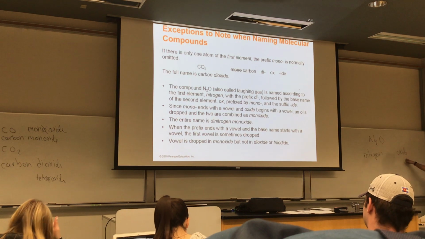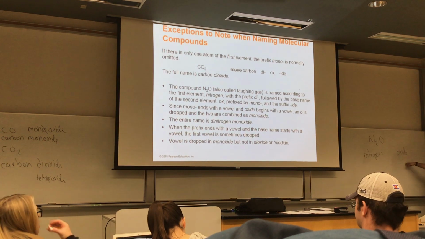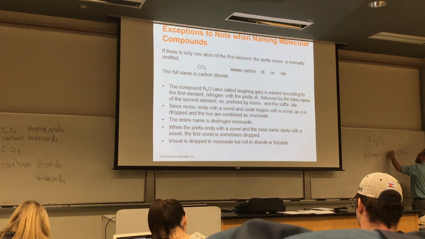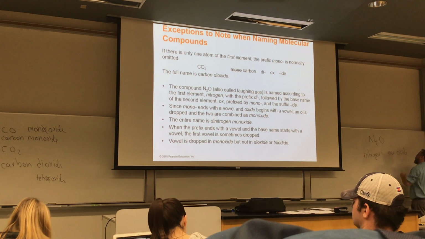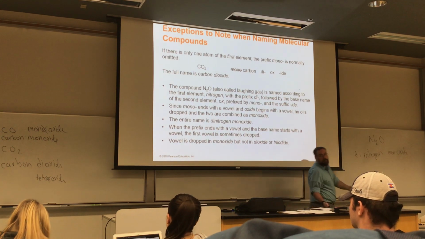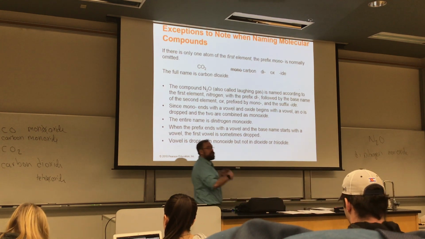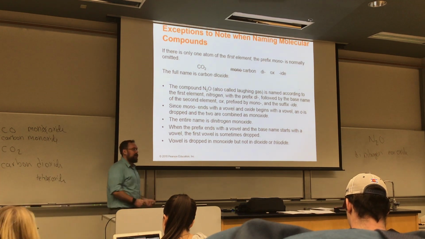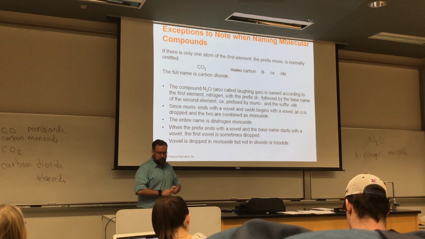It's oxygen, but it's the second element, so it gets the ide ending. It's the second one, so we always specify how many we have. And nitrogen has more than one atom in the molecular formula, so we specify two. Dinitrogen monoxide.